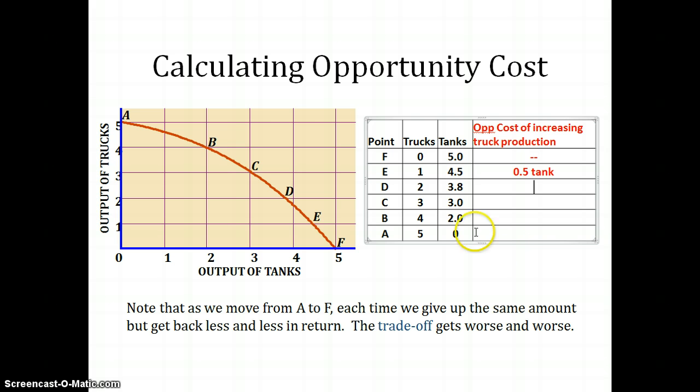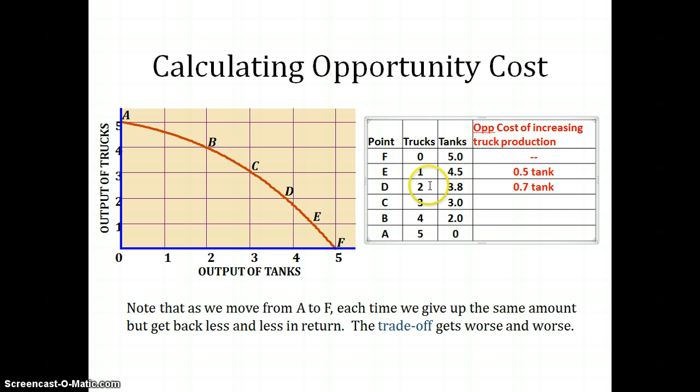Okay. Then when we go from one truck to 2 trucks, we're going from 4.5 tanks to 3.8 tanks. So now we are giving up 7/10 of a tank. It's still measured in tanks, but the amount is different when we add a second truck instead of just going to our first one.